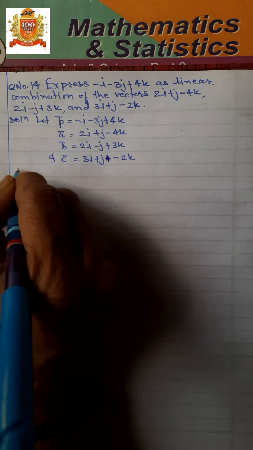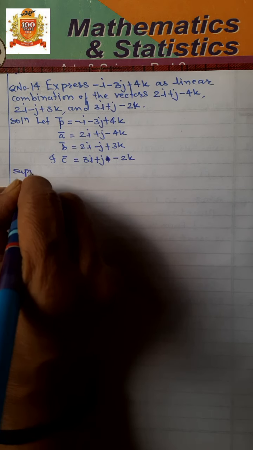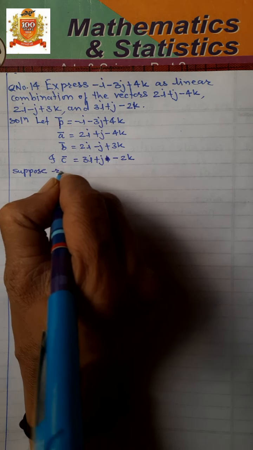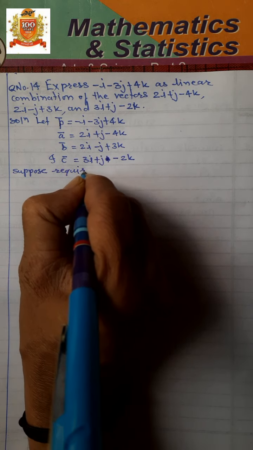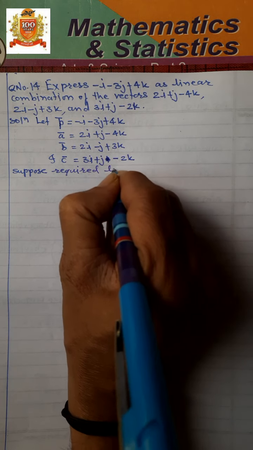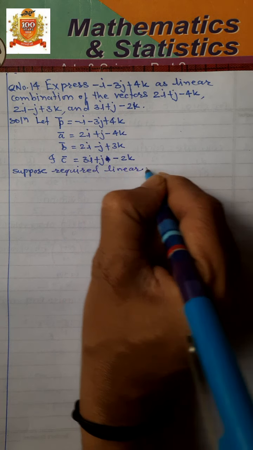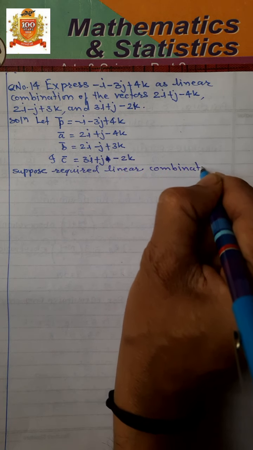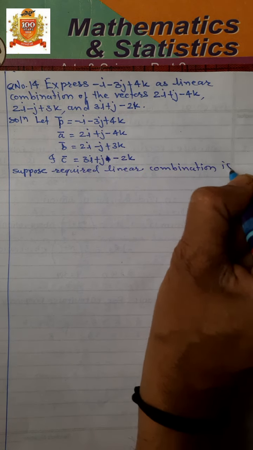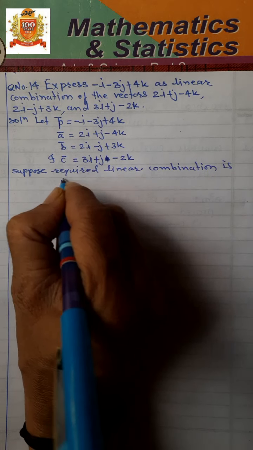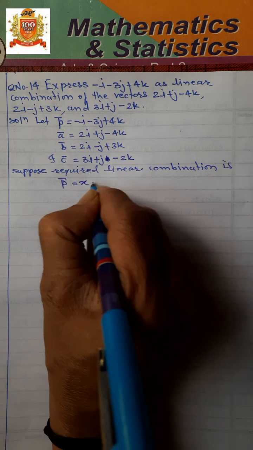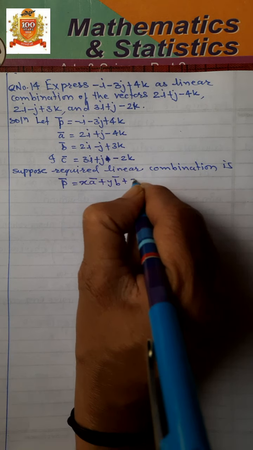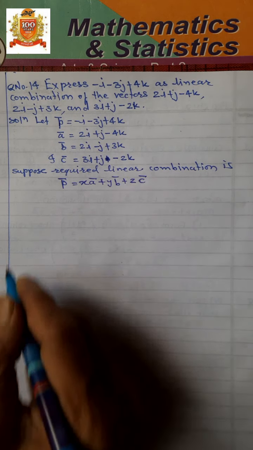Suppose the required linear combination is p bar is equal to x into a bar plus y into b bar plus z into c bar.